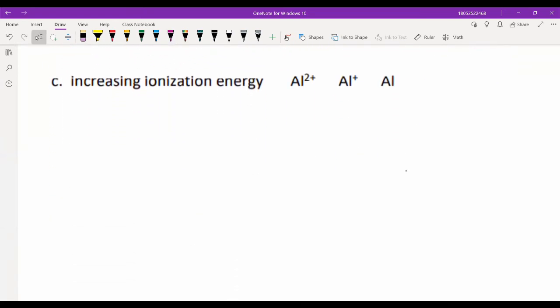Okay. Also, with ionization energy, you might have to deal with ions. And I think with this, it's just thinking about the charge would be the most common sense way to do this. Remember, again, you're going to remove an electron.